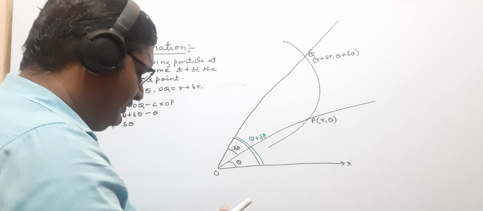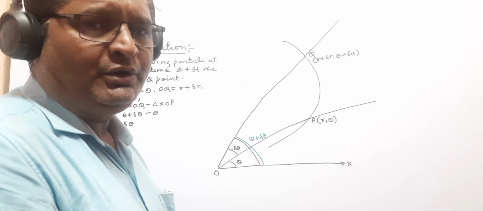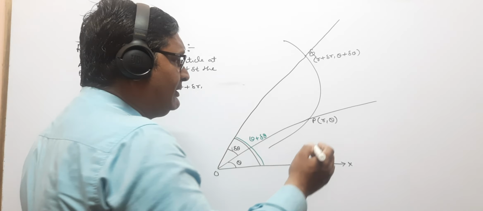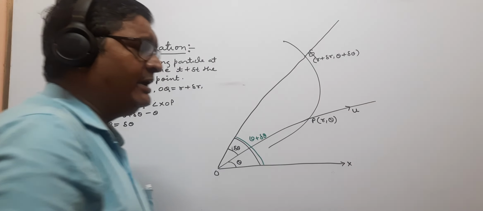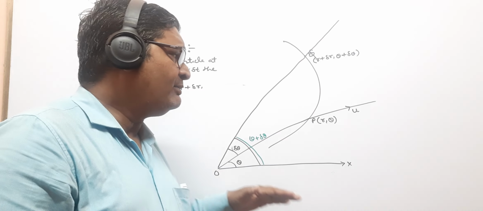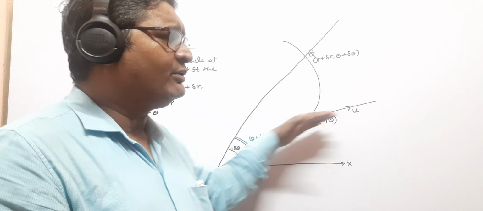Now we know that the velocity component along the radius vector is the radial velocity, denoted by u. Here u is the velocity component along the radius vector OP.